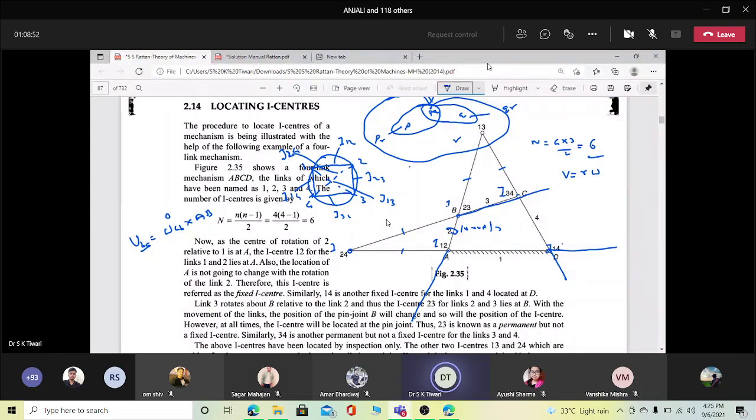Velocity of point B आपको पता है. What is R? R is the distance from the center of rotation. I1,3 B, ये डिस्टेंस हो गया इंटू ओमेगा.